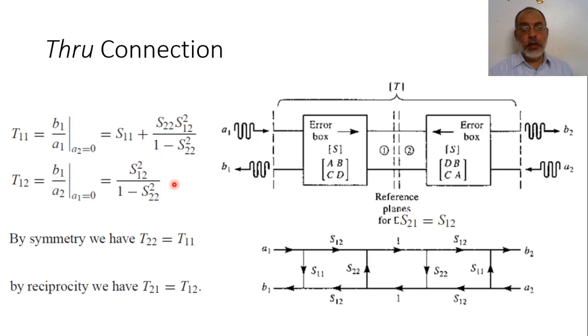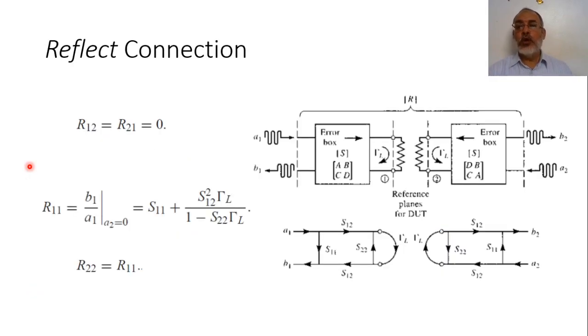It should also be noted here, by the symmetry of the problem, T22 equals T11 and T21 equals T12. So by getting the two ports directly connected and measuring the S parameters, which are going to be called T11 and T12 in this case, according to the through, we have two relations.